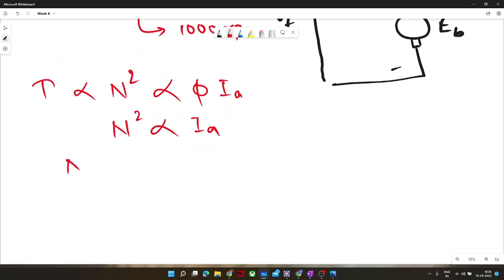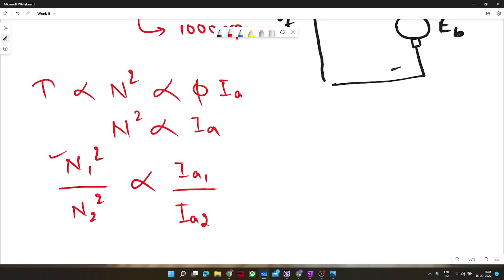Now we can write it as N1 square divided by N2 square is proportional to Ia1 by Ia2. I hope it is fine till now. We know N1, and N2 is reduced to 500 RPM. We know Ia1, so we can calculate Ia2.